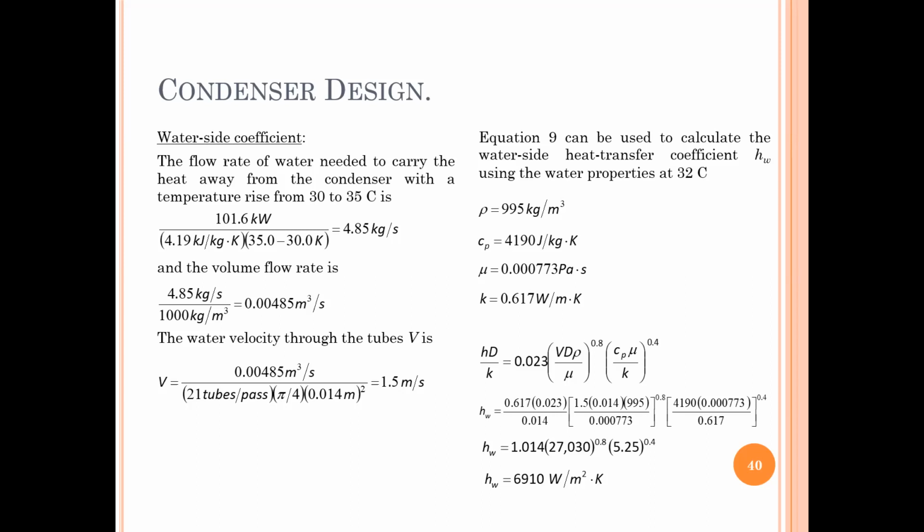Substitute values. h_w is equal to 0.617 times 0.023 over 0.014 times 1.5, the velocity in meters per second, times 0.014, times 995 divided by 0.000773, exponent 0.8, and multiply by 4190 times 0.000773 over 0.617, exponent 0.4. So the h_w is 6910 watts per meter squared Kelvin.